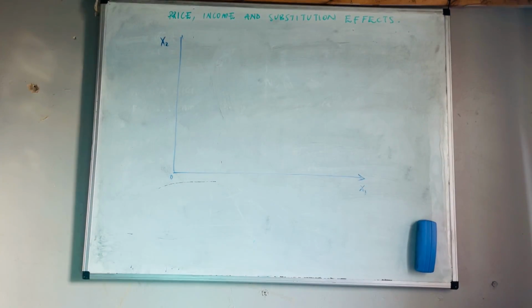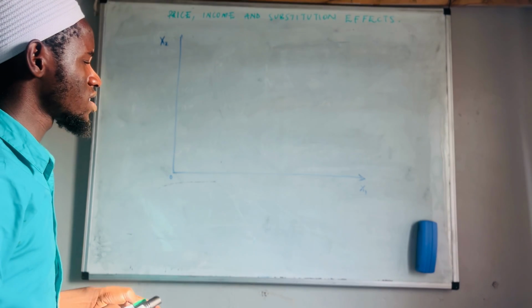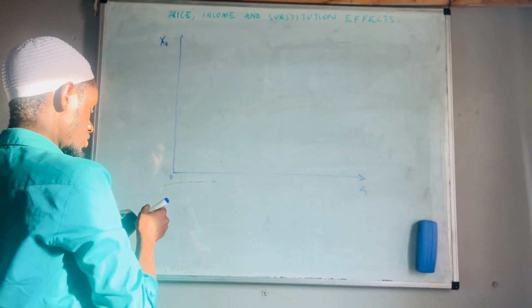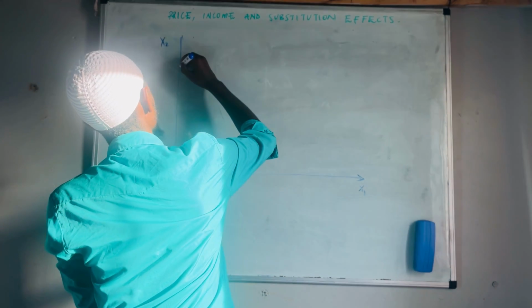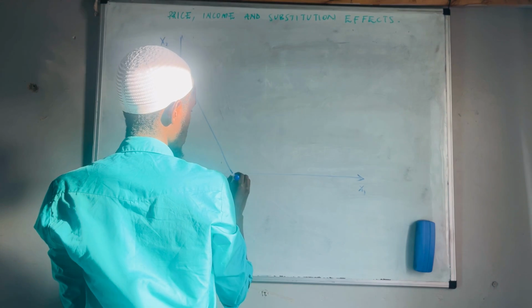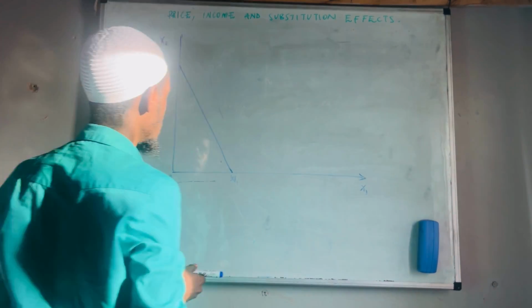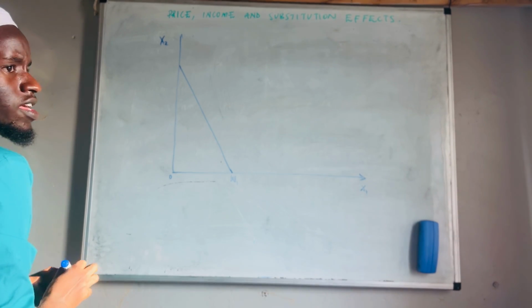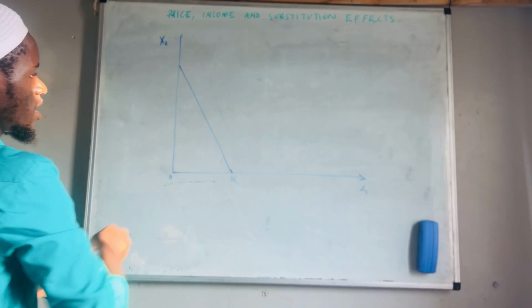What happens to him is that originally he was consuming on this budget line W1, and on our indifference curve he was originally here.